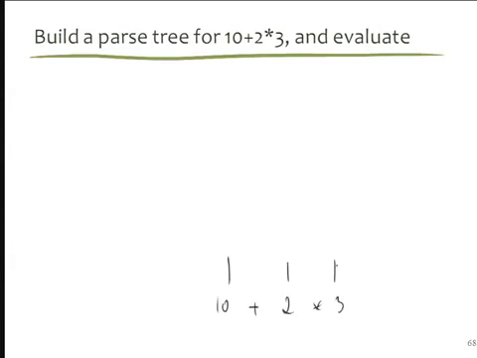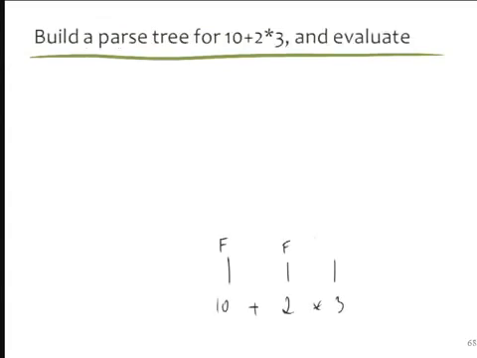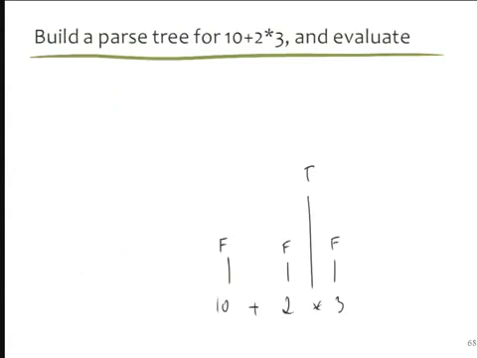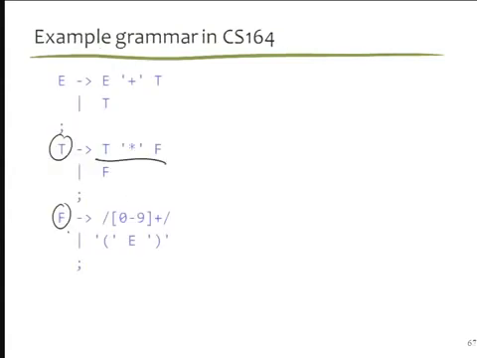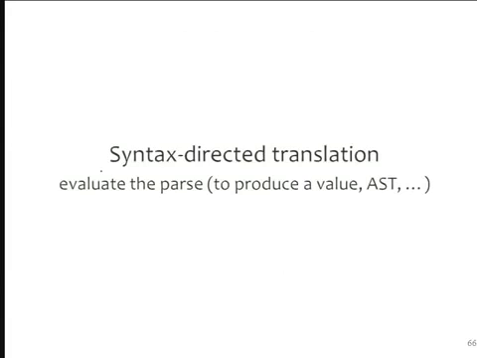Okay, what is just above the numbers is an F. How do we wrap the times? The times is under a T. Okay, the plus goes into a T with one argument using this production.